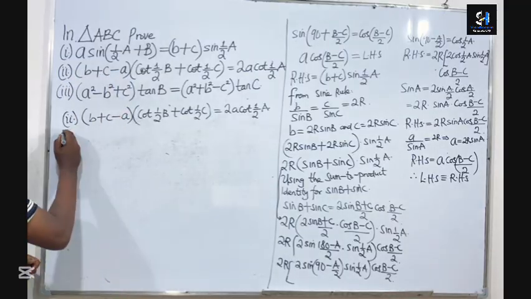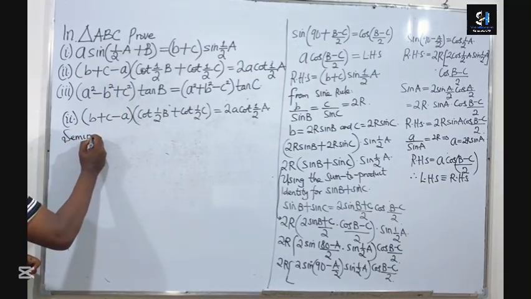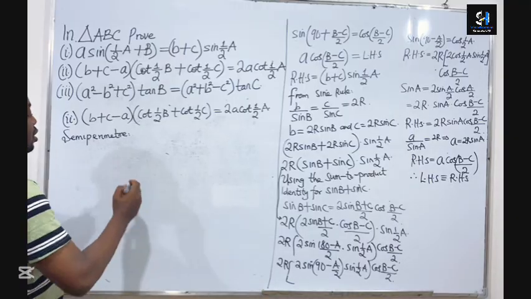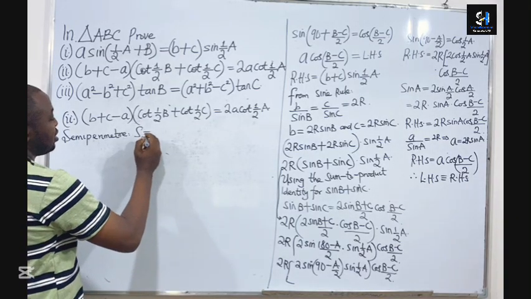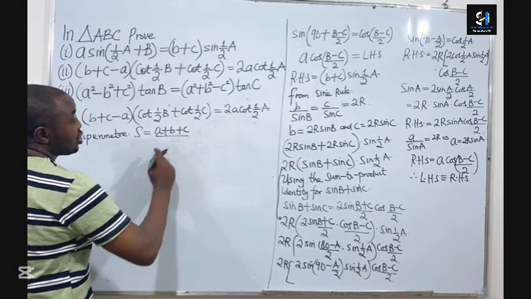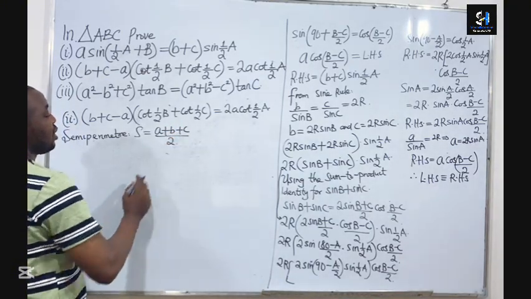Now we know that the semi-perimeter, for those of us who are familiar with Heron's formula, is S equals the sum of the three sides of a triangle divided by 2.